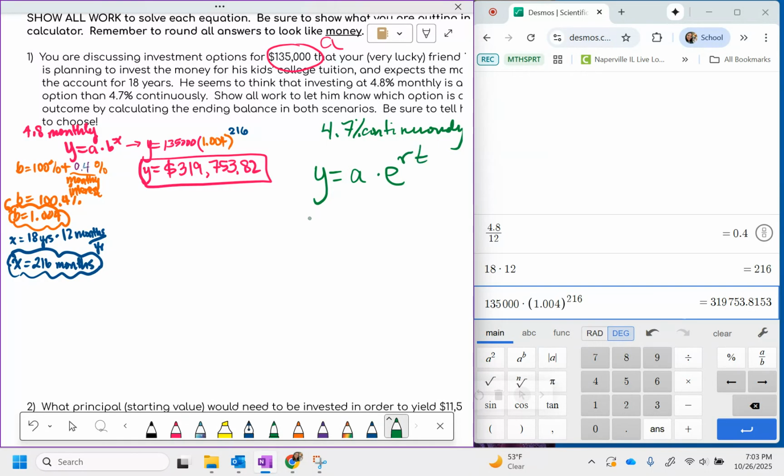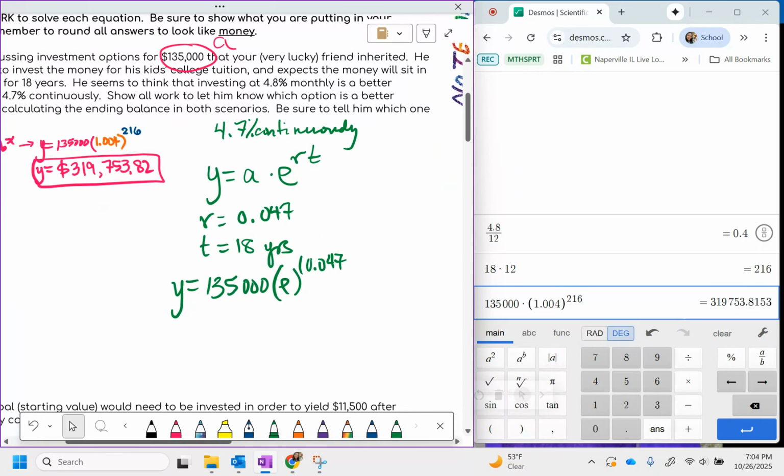And so now I just need the rate as a decimal. I do not have a 1 point in this situation. T is years always. And then my A is the same as it was before, the 135,000. And so times E to the 0.047 times 18.